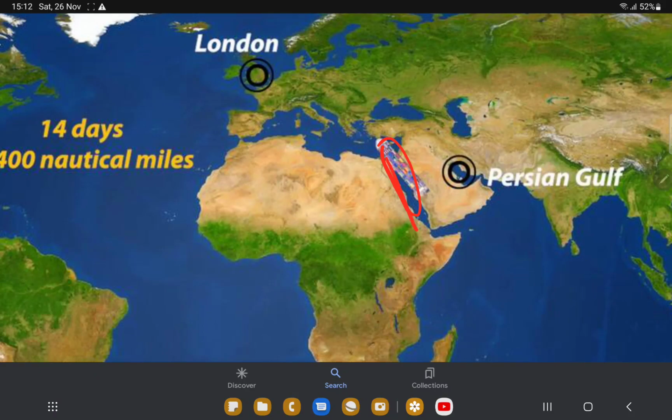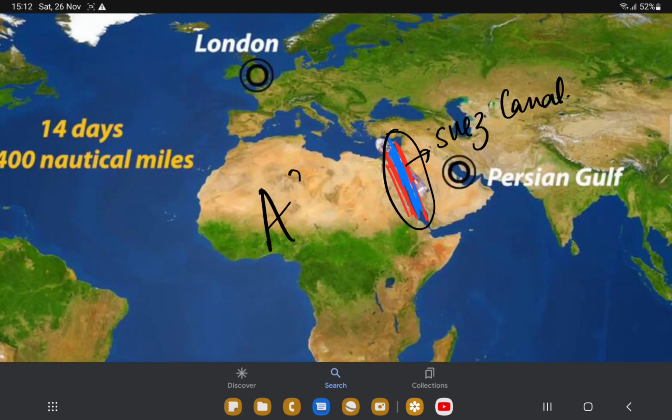This is land, this is land, and between them, this part is where the Suez Canal is present. This part is the Suez Canal. This is Africa, of course, I guess you know.